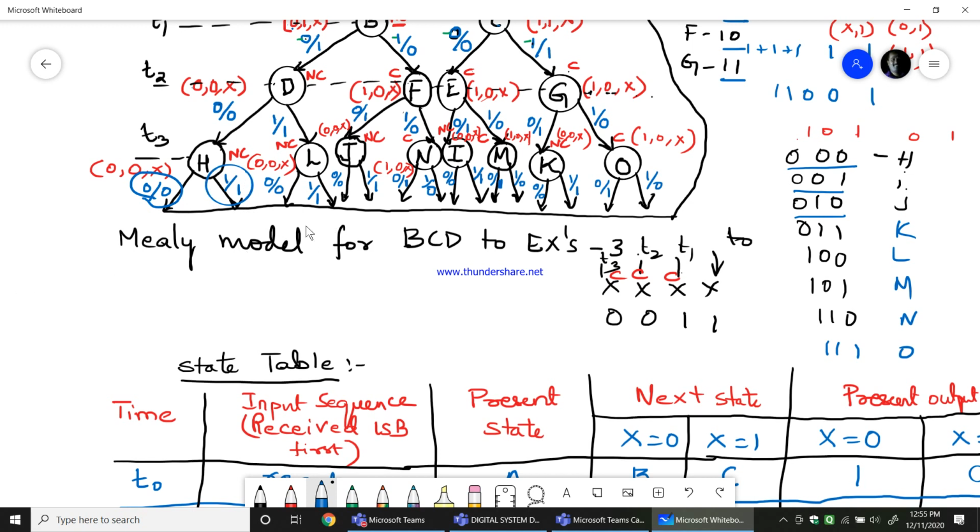In I also we saw there was no carry. I is what? 0 0 x. I also we saw that there was no carry, where we got I as 0 comma 0 and 1 comma 1.